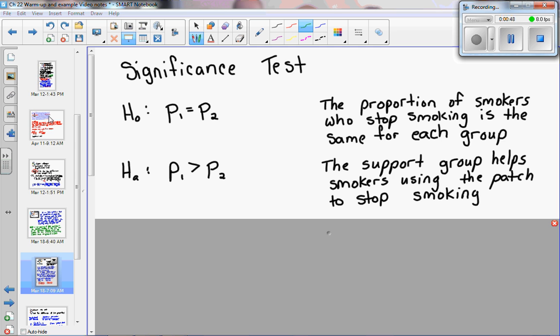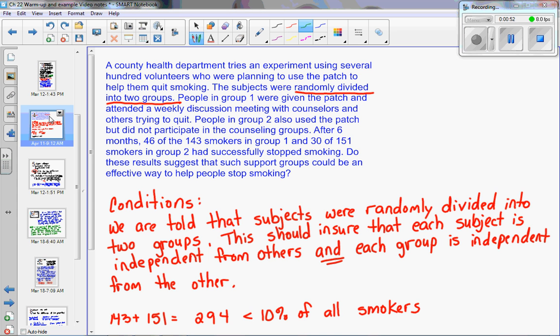Now, the reason why I chose a right-tailed test, a one-sided greater than test, is if you look back at the problem, the question says, do these results suggest that such support groups could be an effective way to help people stop smoking? So there's that suggestion in that question that the group that has the extra support besides just a patch is going to have a higher rate of stopping smoking, so we would have a greater than test.